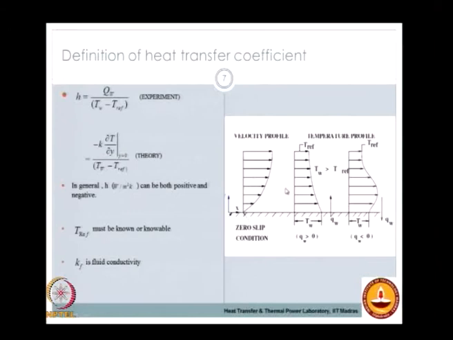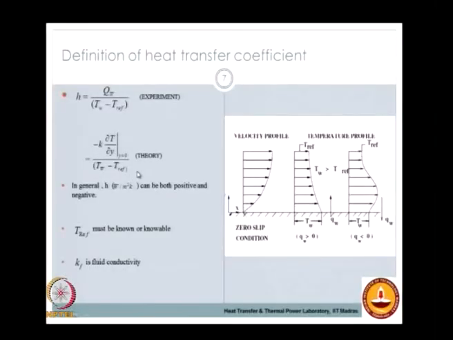So in that particular situation your heat transfer coefficient will actually be negative. Therefore, contrary to the popular belief that you encounter problems with positive heat transfer coefficients, when you define your heat transfer coefficient in this particular manner, it could be both positive or negative depending on how the near wall temperature gradient behaves.